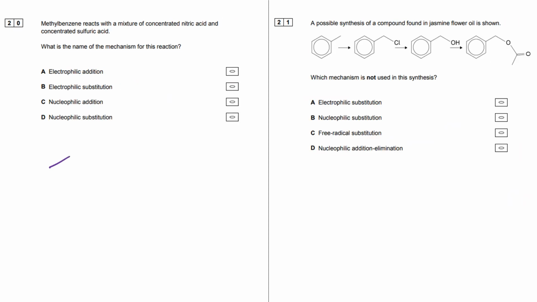Question number 20. Methylbenzene is going to react with concentrated nitric acid, excuse the terrible drawing there, and concentrated sulfuric acid, which is a catalyst, and you're going to get nitromethylbenzene and water as your byproduct.